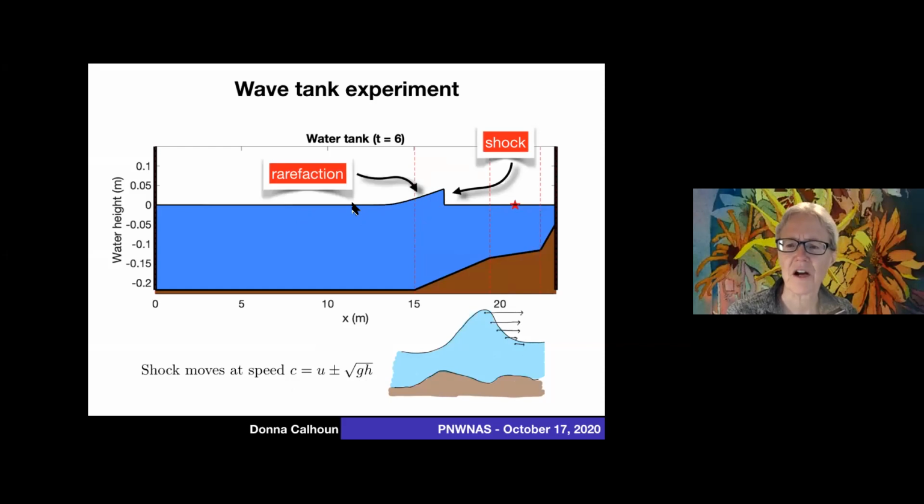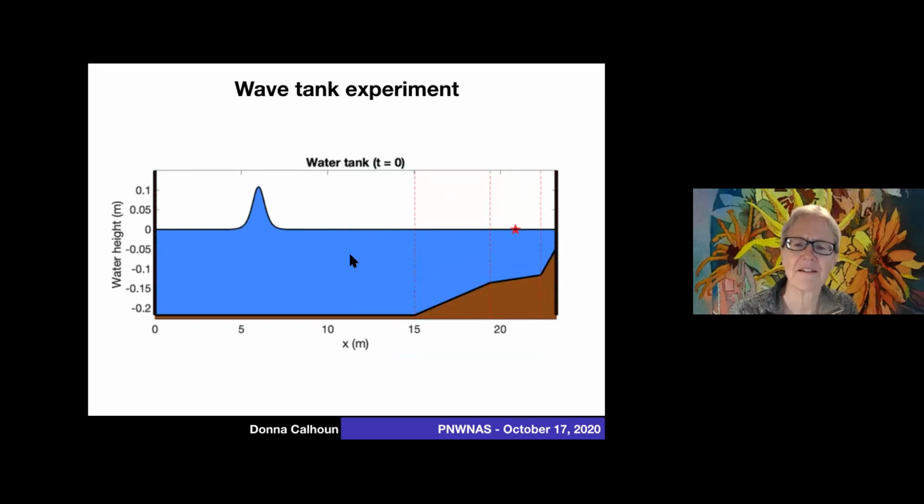So there's a shock, and behind that shock we get a rarefaction wave. One of the characteristic features of these problems is a jump in the solution, a discontinuity at the shock front, and so special methods are required to solve these problems.